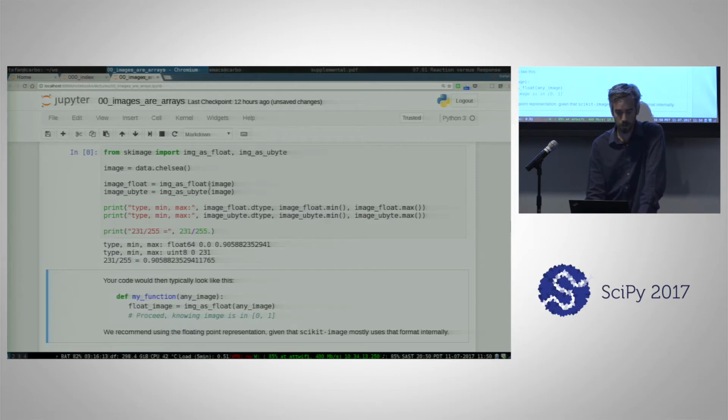If I call img_as_float on an image, it has a range between 0 and 1. If I call img_as_ubyte on an image, it ranges between 0 and 255. The only reason I'm emphasizing this is because it's very common to run into situations where you think you're setting a value between 0 and 1, but you're actually working on an image that ranges between 0 and 255, and it can cause complications. So I'd say the simplest workflow is to convert to a floating point image first, and then work on that.